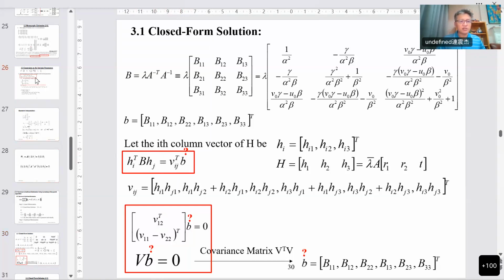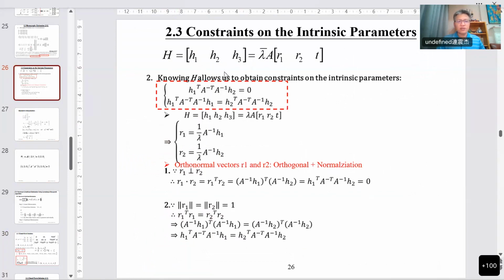V is from page 26. It's made from H, because so far you have already solved H. So you know H: H1 B H1 minus H2 B H2. So B is unknown, and you try to solve it.